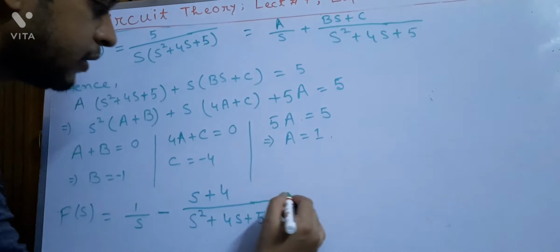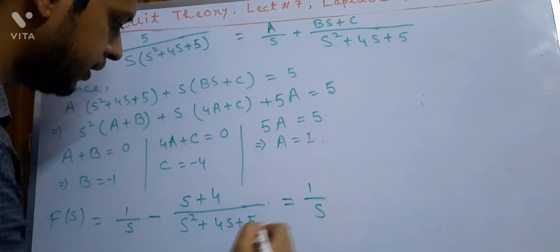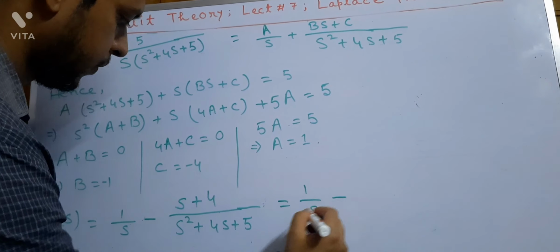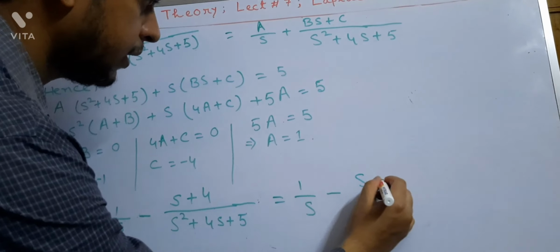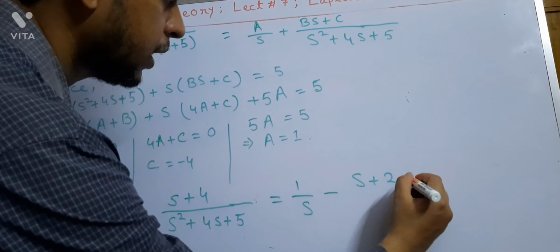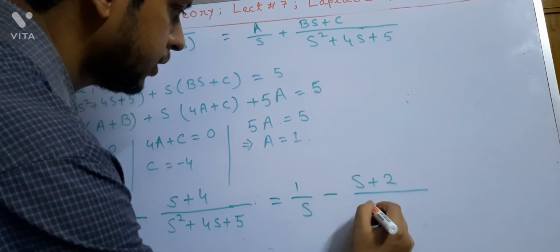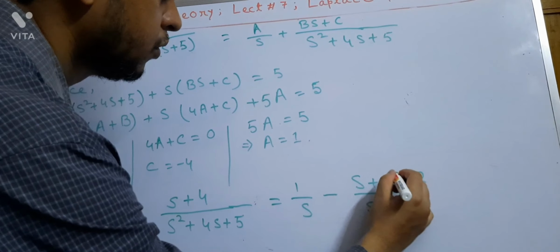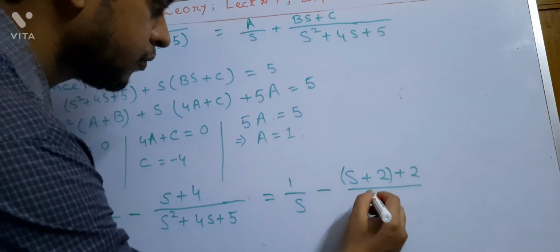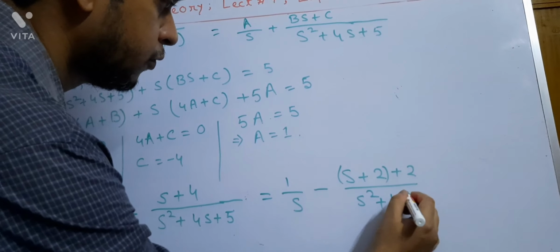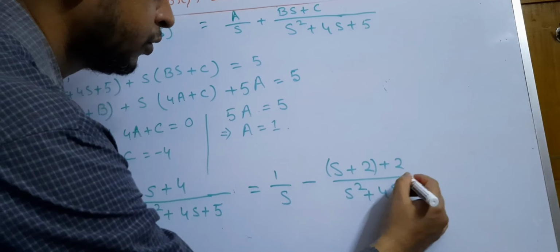So we can write this as 1 by s plus minus, say, (s plus 2) plus 2, over (s plus 2) into s squared plus 4s plus 4 plus 1.